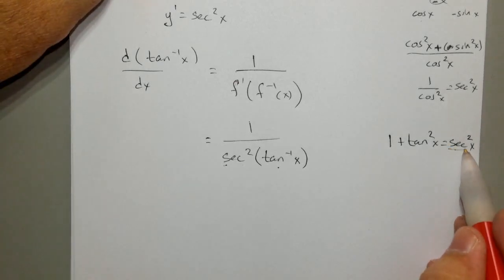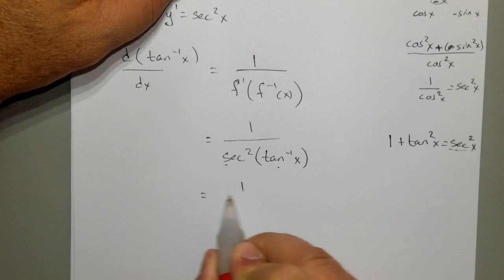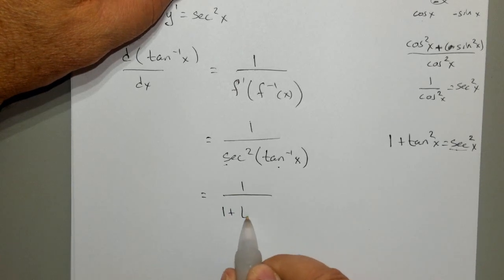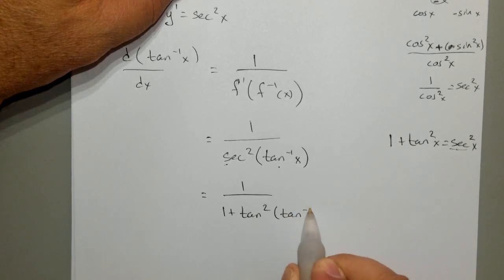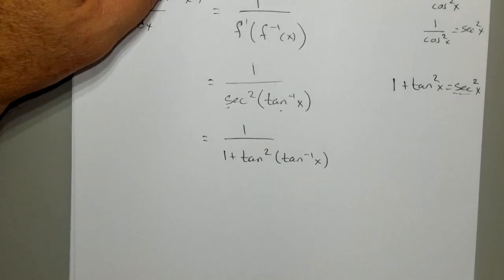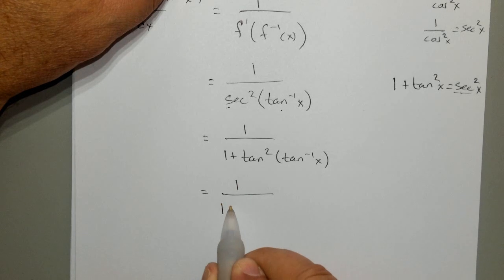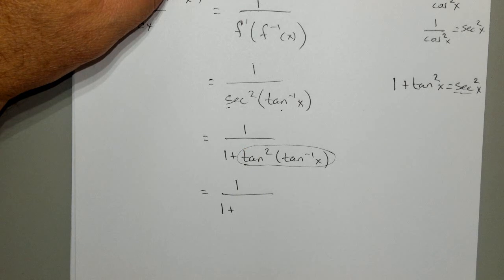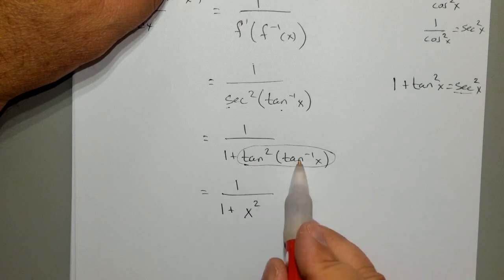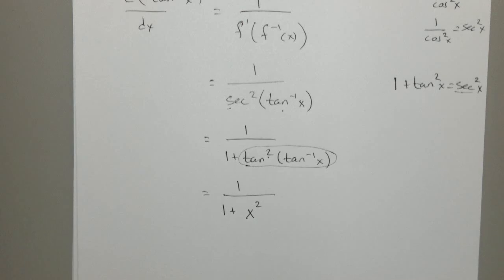So secant squared is 1 plus tangent squared, and the argument is the inverse tangent of x. What is this going to become? X squared, because the tangent and inverse tangent cancel each other out. We're left with the argument, and since it's squared, we have 2 of them.